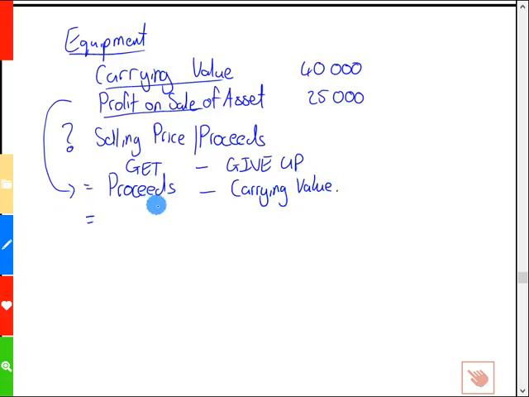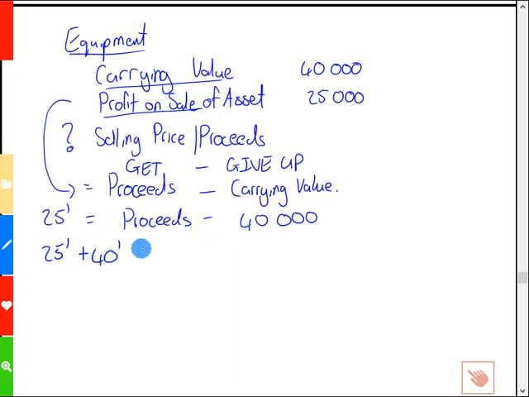So the proceeds we don't know. Profit on sale we know is 25,000. It's equal to my proceeds minus my carrying value of 40,000. So if I want proceeds by itself, I simply add 40,000 on both sides, and I've got 25 plus 40 equals my proceeds.